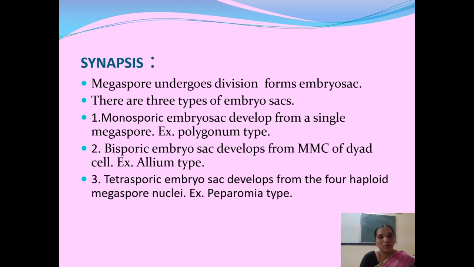Now, recall the topic. Megaspore undergoes division and forms the embryo sac. There are three types of embryo sac development present in plants.